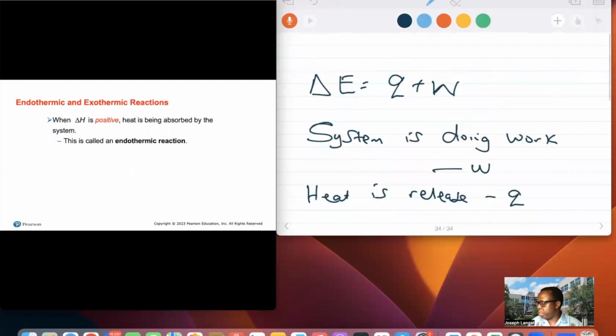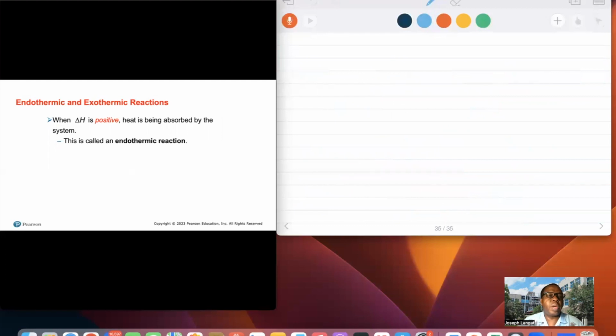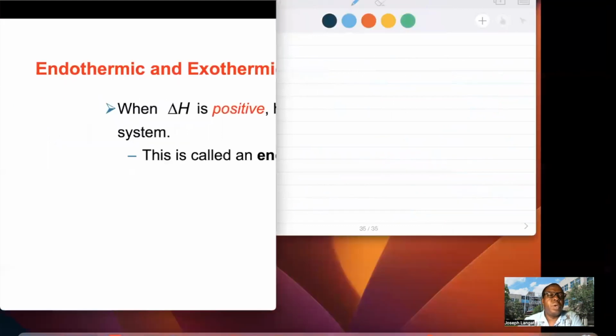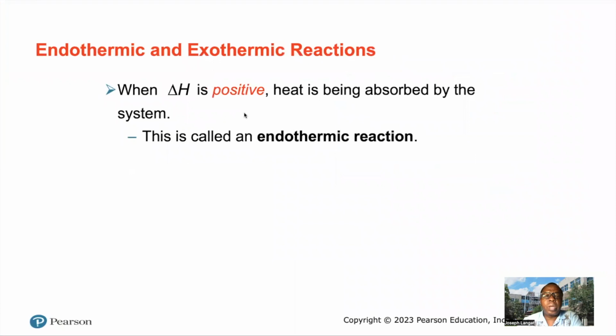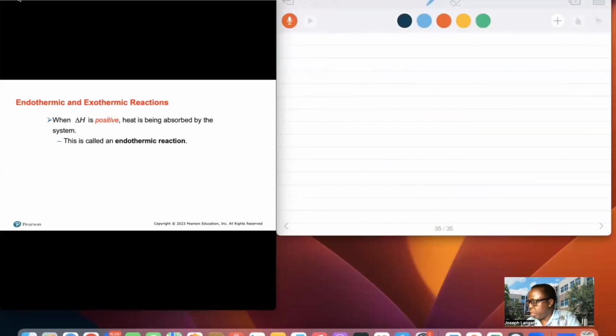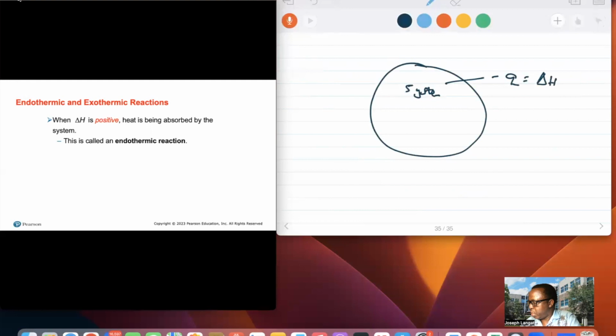This is not something new to you, exothermic endothermic reaction. I know you covered it in Thermochemistry. I've gone over and over exothermic endothermic reaction. If I use the diagram I used earlier on, if this is the system, minus Q, which means delta H is negative.